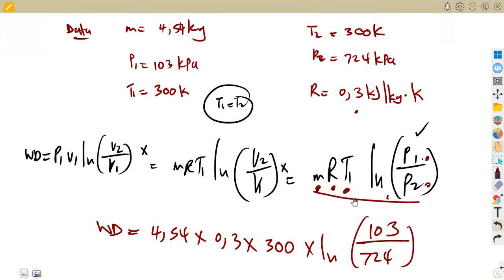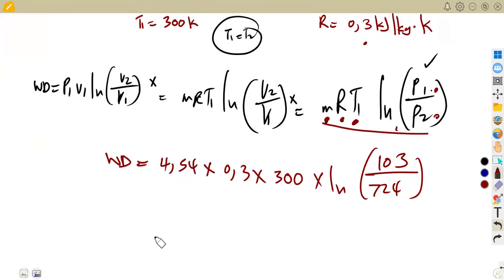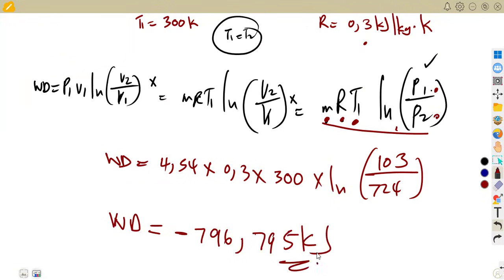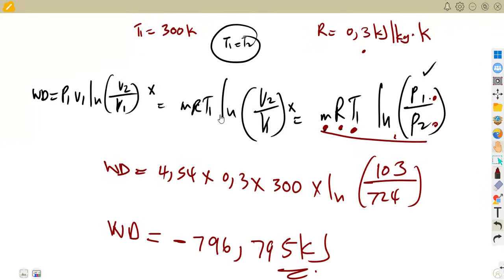So definitely our answer will be a negative. So our work done in this case was going to give us a negative 796,795 in kilojoules. That's in kilojoules. So like I said, the negative shows that it is just a compression taking place there.